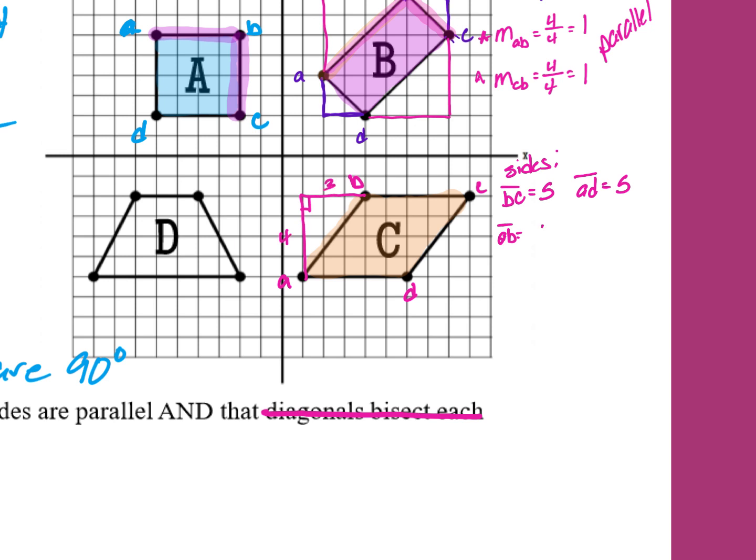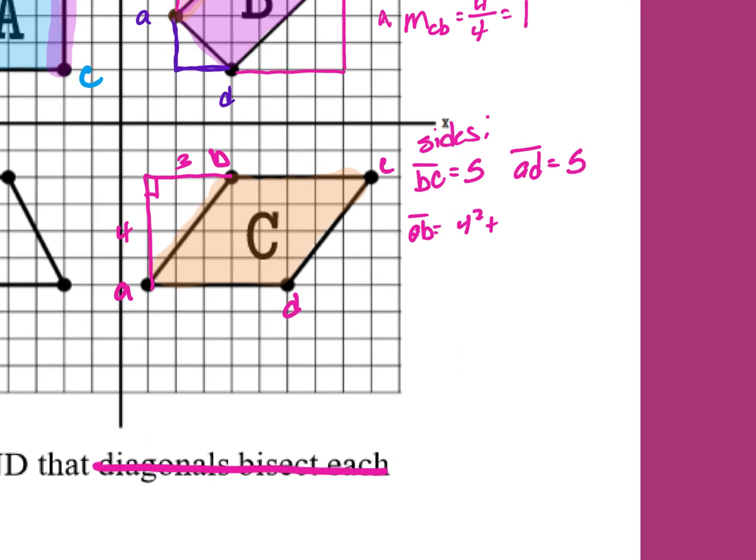So 4 squared, that's 16, plus 3 squared equals x squared. So 16 plus 9 equals x squared. 25 equals x squared. And then what do we do? Square root it. What's the square root of 25? 5. So x equals 5, or AB equals 5.